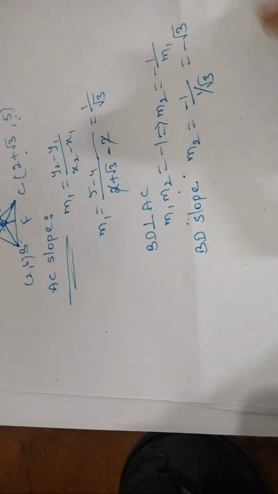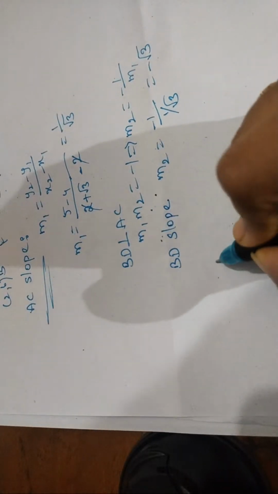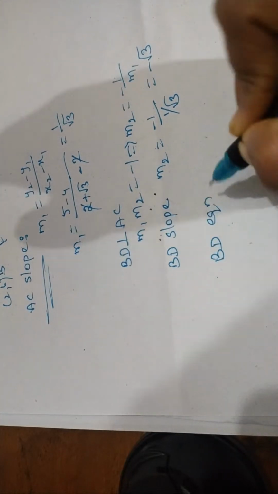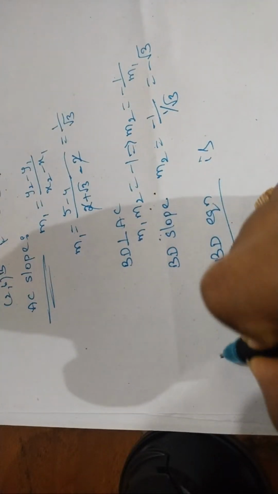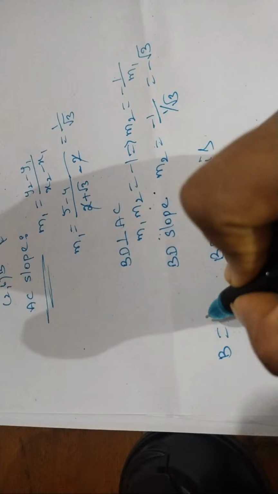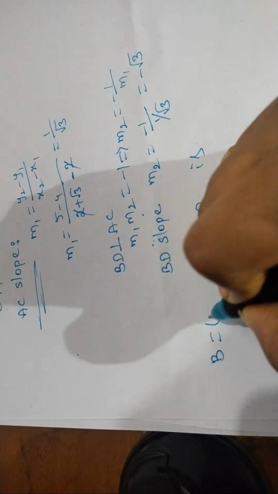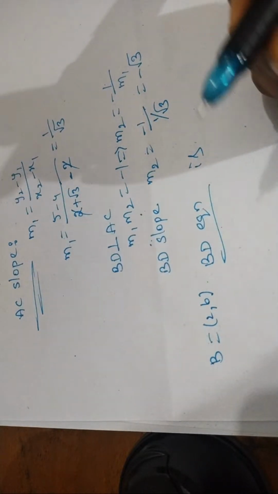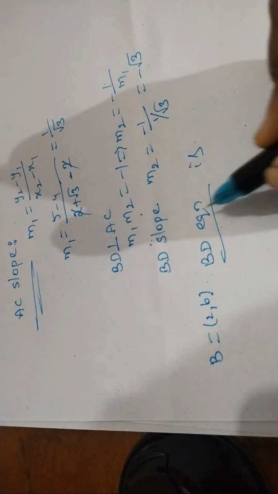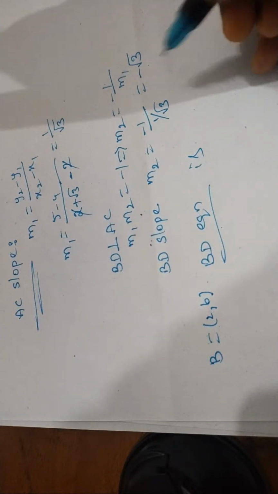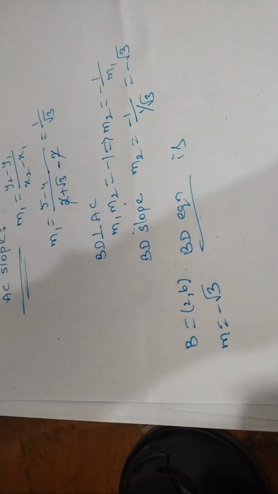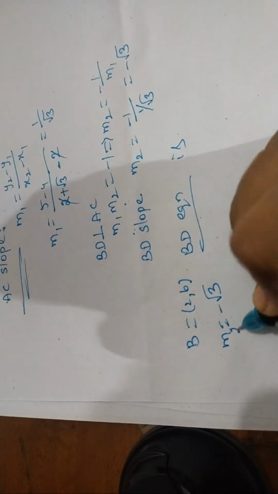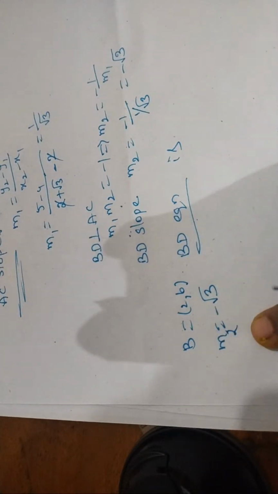Now we want the BD equation. How do we find the BD equation? We know the B point only. We don't know the D point. So write the B point. What B point did they give? They gave B as (2, 6). So write 2, 6. We know only B, we don't know D. And we know the BD slope, minus root 3. What is m here? m2. So we know 1 point and the slope.